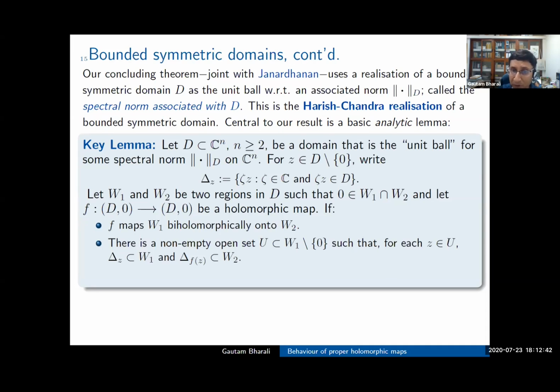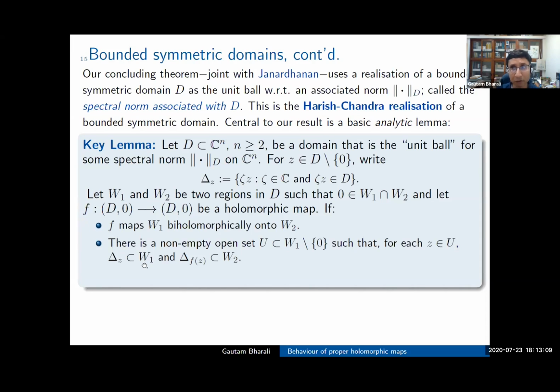There is a non-empty open set U, inside W1, that does not contain the origin, such that every complex line spanned by Z coming from this set U, which can be as small as you want but has to be non-empty, sits inside W1.